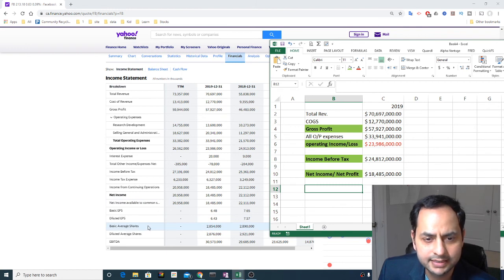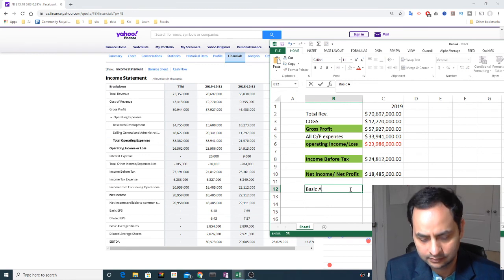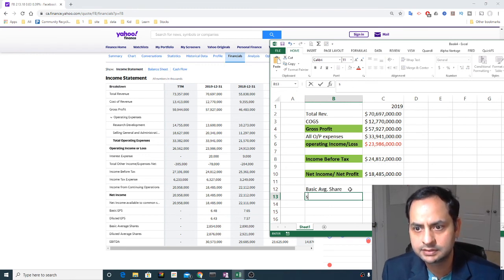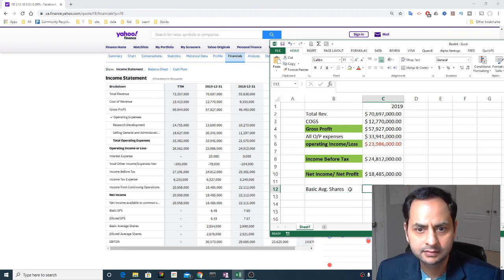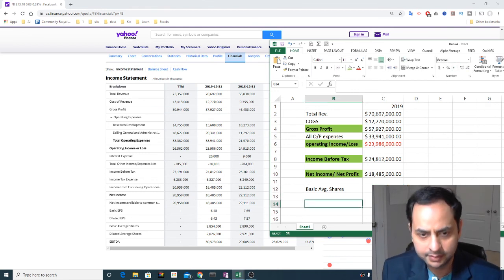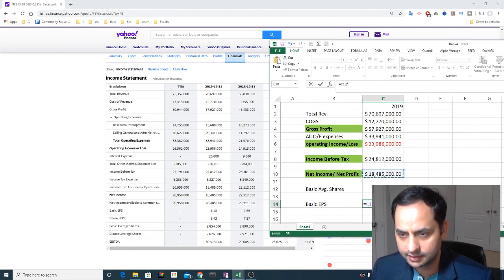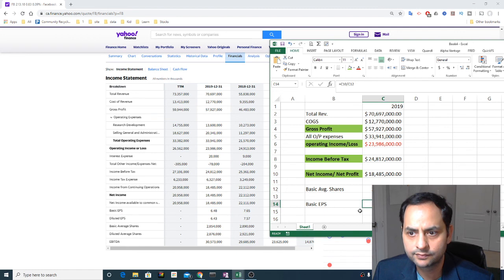So my basic average share is 2854. Okay, and then my basic EPS is this divided by this, which is 6.48.